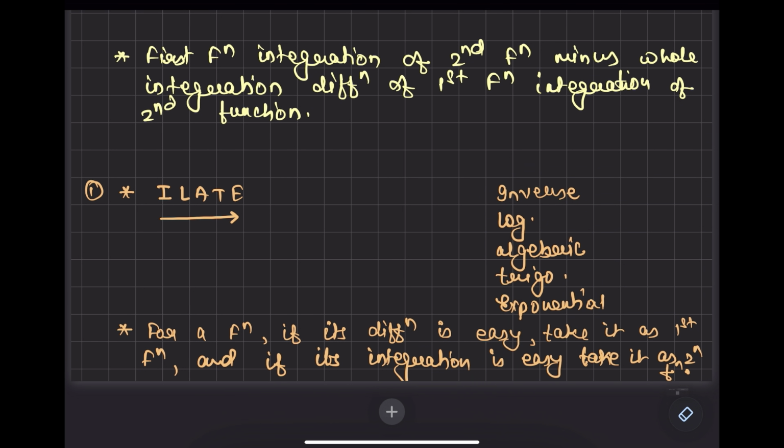So in that case, you should always first apply ILATE, then if you get stuck, you will be using this. Suppose in some situation you are getting so much trouble that you are not able to convert the question, then you will be using this note.